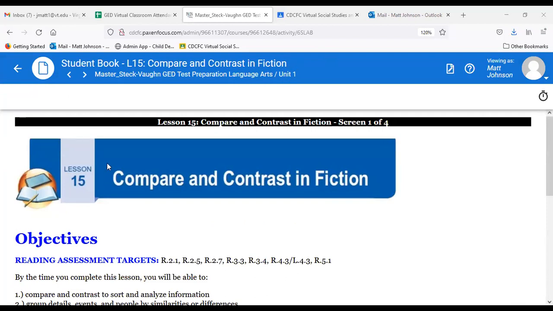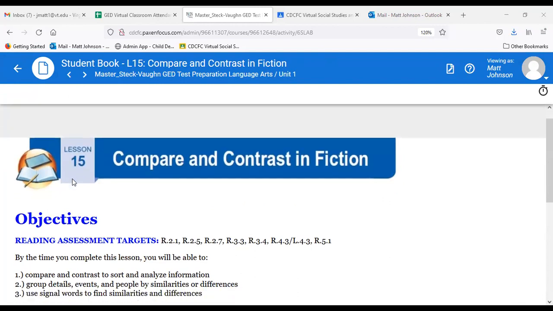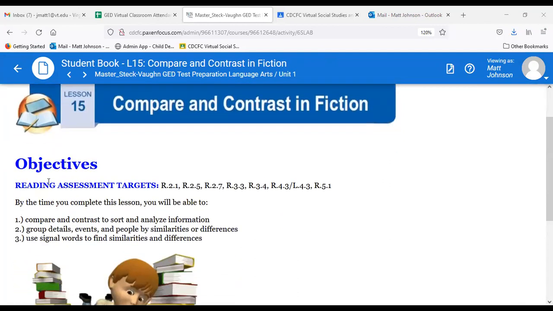All right, so today, something familiar again, compare and contrast. By the time we complete this lesson, you'll be able to compare and contrast, sort and analyze information, group details and events and people by similarities or differences, and use signal words to find similarities and differences.